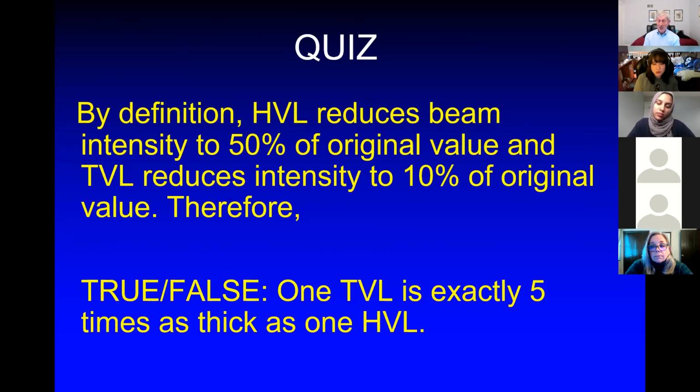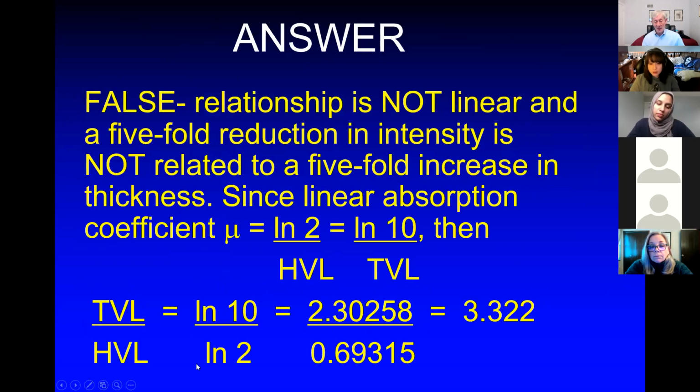False. Good. That's one of those things that's not logical because we humans like to do linear extrapolations, but this is a logarithmic function and linear just does not work here. In fact, take a look at mu. Remember we said the linear absorption coefficient is 0.693 over HVL. 0.693 happens to be the natural log of 2. So we could say mu is the natural log of 2 over HVL, which is equal to the natural log of 10, excuse me, over TVL.